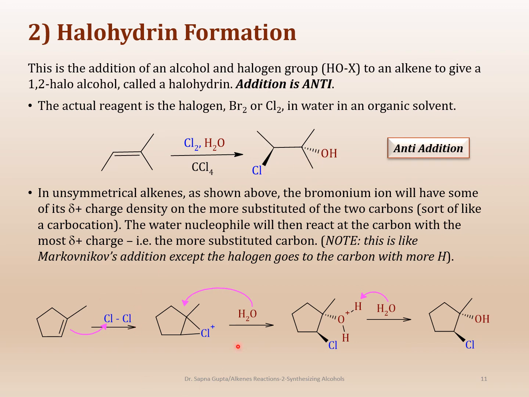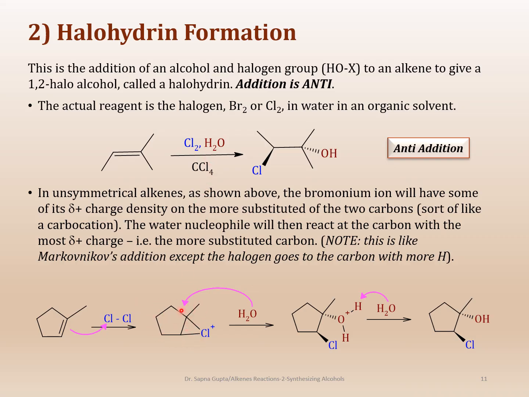So let's look at the mechanism just slightly over here. I think you should know this mechanism because we've been encountering anti-additions for a while, and we will encounter more also. So it's a good idea to know this mechanism. Here is what's happening. Here you have an alkene. This adds to the chlorine. You remember we have done this reaction before when we added the halogen to an alkene, but now in this case we also have water.